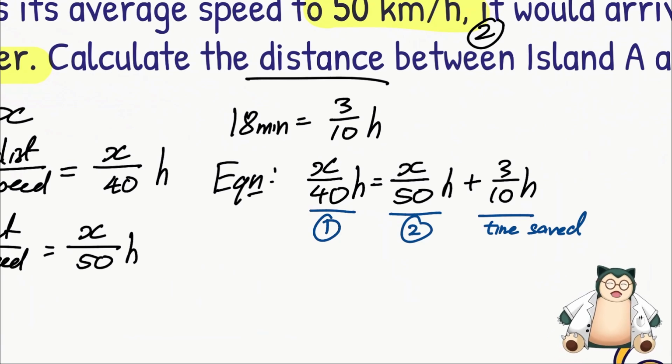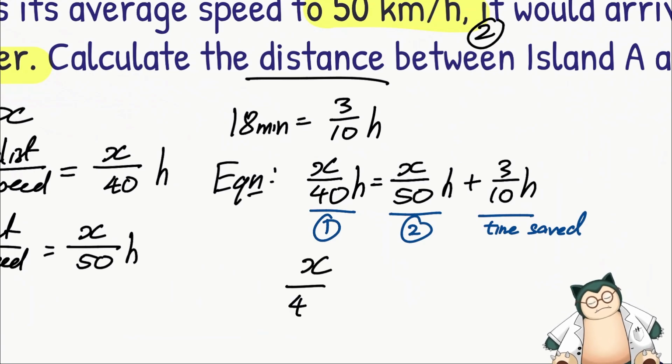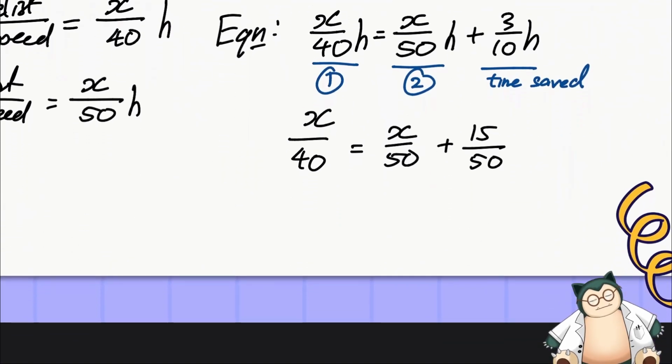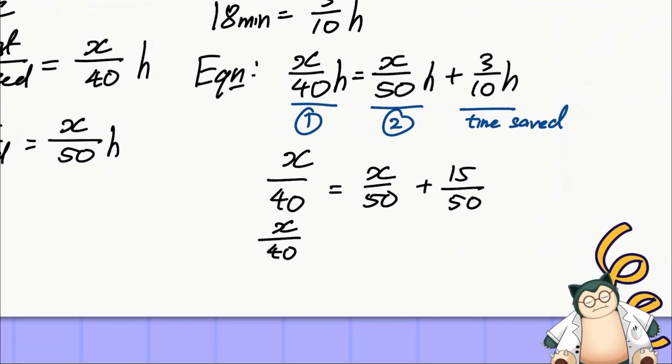Alright, so once I form my equation, then I can solve it. Okay, so with x over 40 equals to x over 50 plus 15 over 50. Okay, afterwards, I can just add them together. x plus 15 over 50, and then cross multiply.